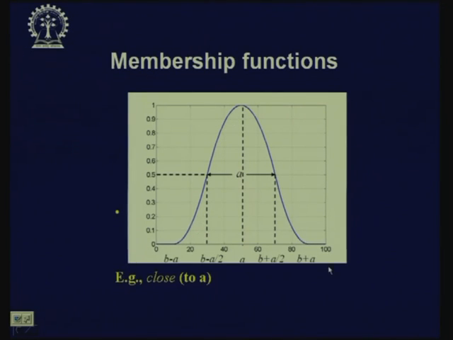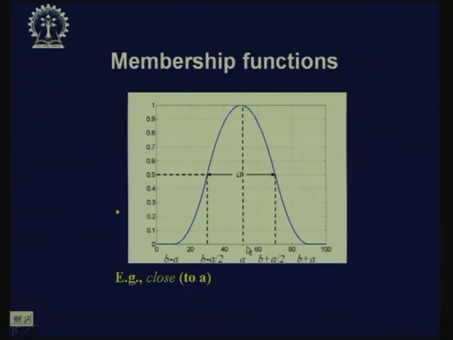In that way, we can have a bell type of curve, and this is another way the membership functions can be represented. I would encourage you to find out a mathematical function, an expression to represent this sort of a curve close to A, so that we can also use it. We can of course tabulate it, but we can also use it for computation as a function, as a procedure.